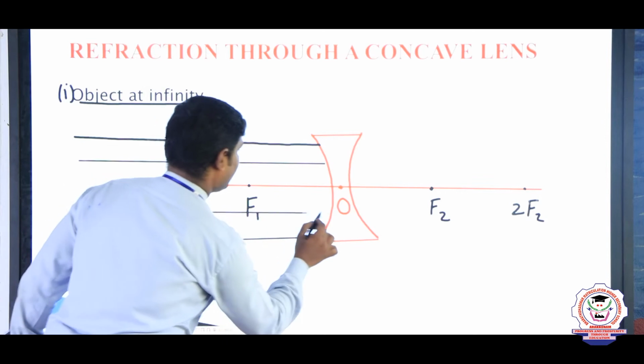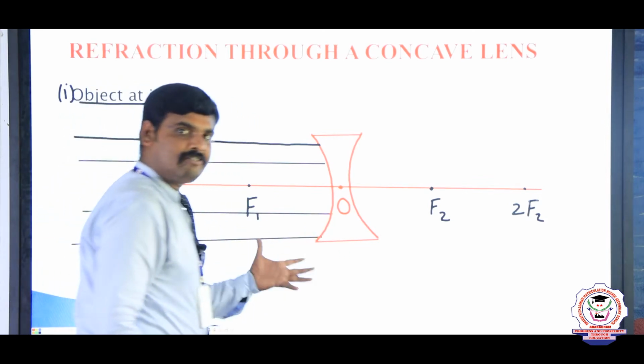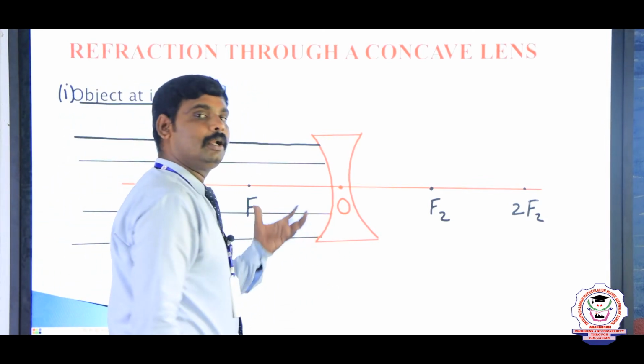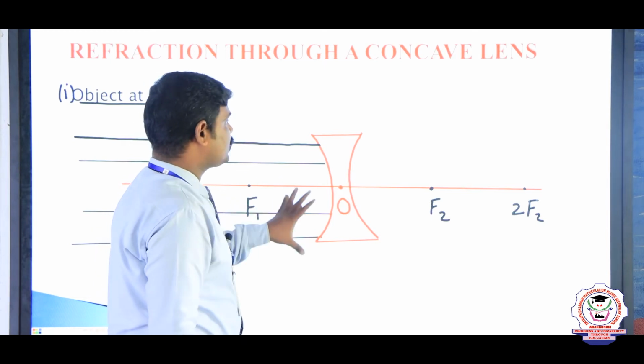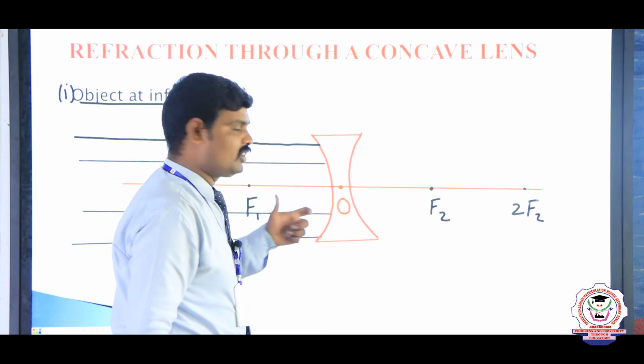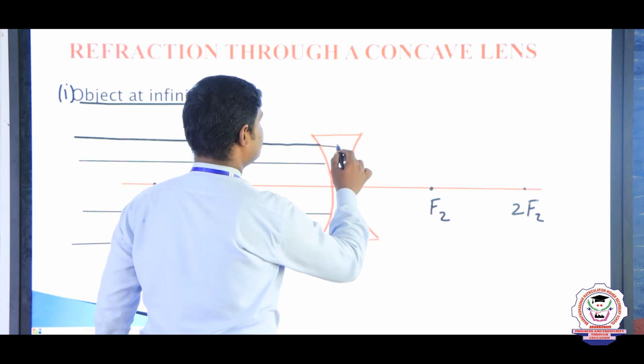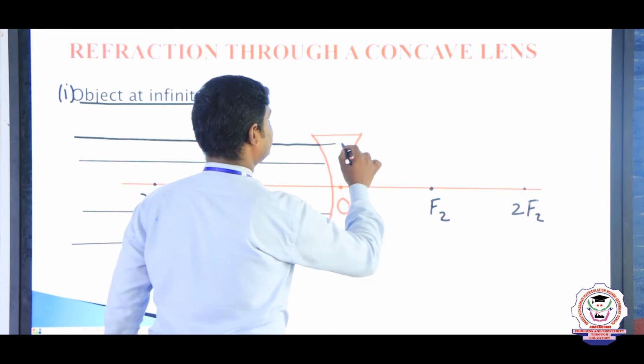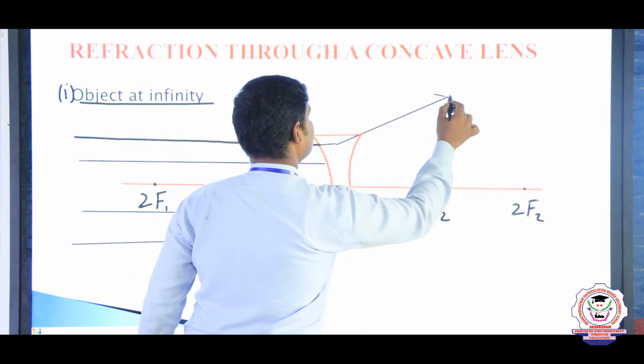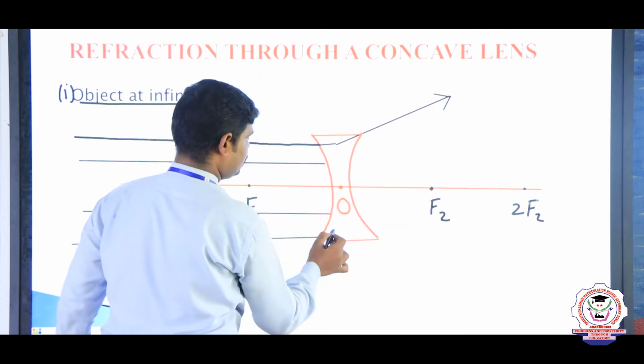After refraction, it will pass through focus. Actually, the concave lens is a diverging lens, right. So, the light is diverged from the center point. These are the diverging lines.